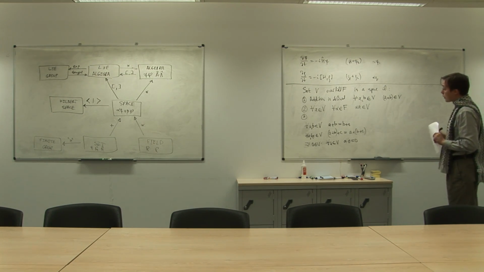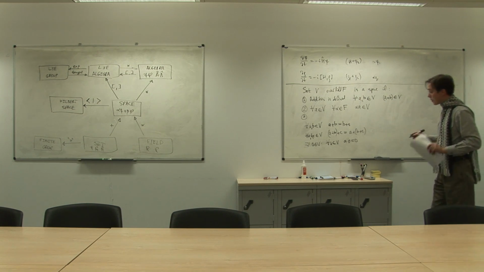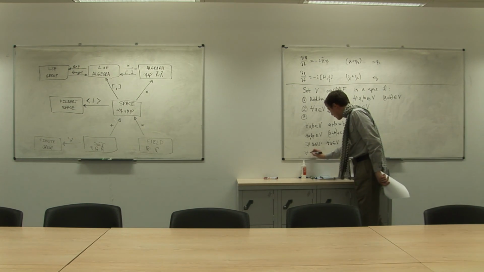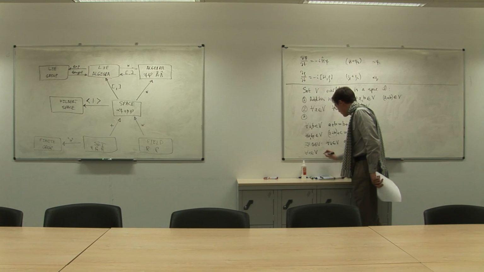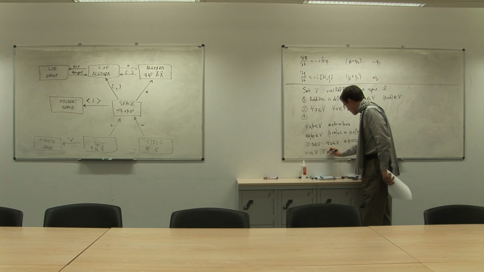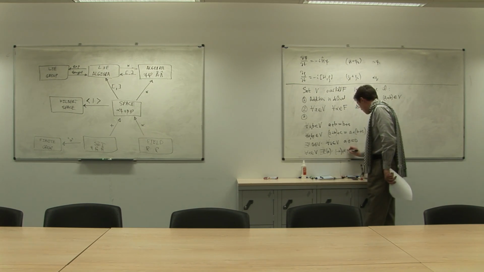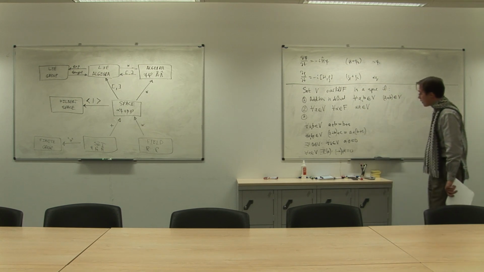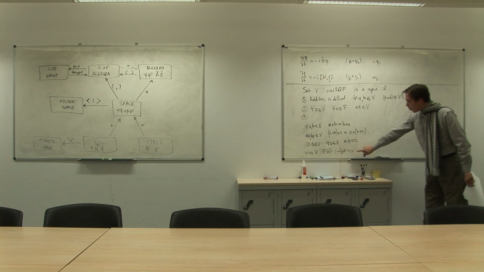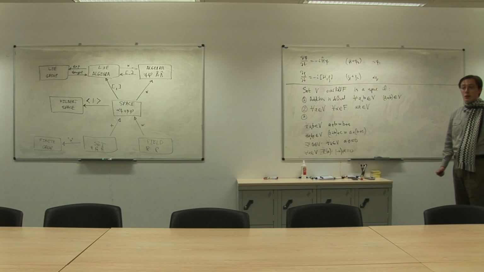There must also for each element be a unique opposite. So for each element A belonging to V, there must exist a unique element called minus A, such that minus A plus A equals the zero element. So we demand the existence of a unique opposite with respect to addition.